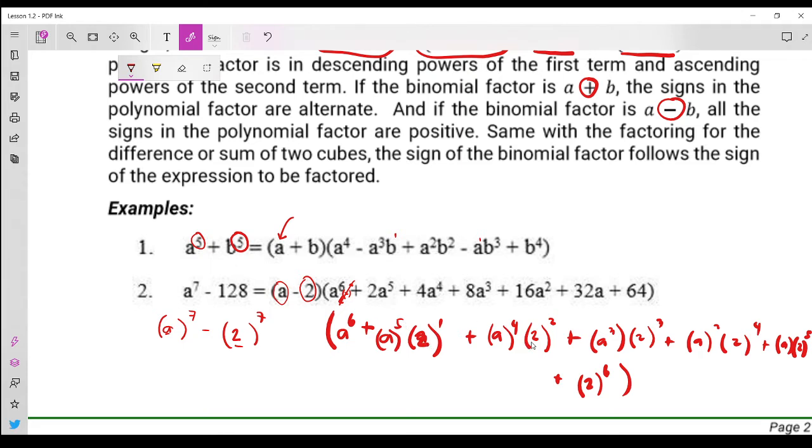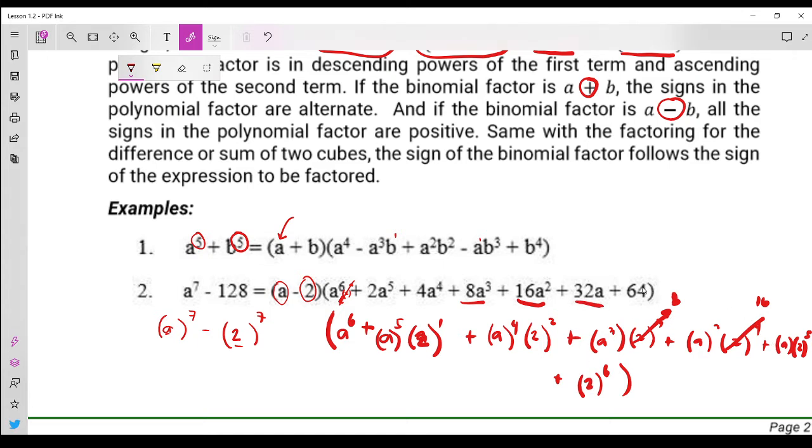And then 2 squared is 4, so you have 4a raised to 4. And then this one is 8, so 8a raised to 3. And then 2 raised to 4 is 16, so 16a raised to 2. And then 2 raised to 5 is 32, so you have your 32a. And then last, 2 raised to 6 is 64.